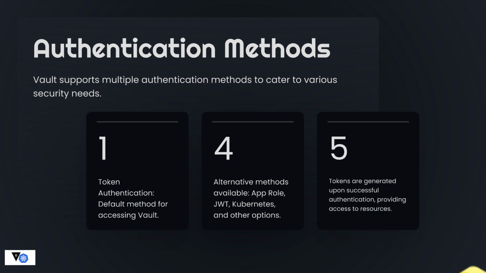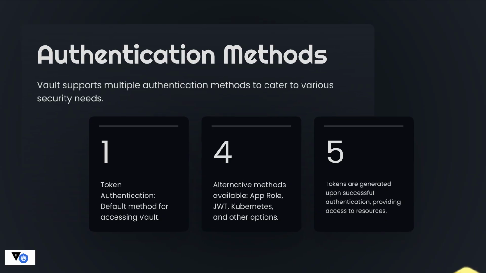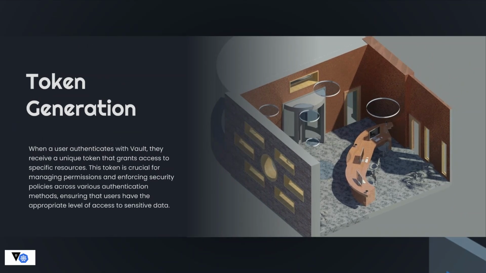No matter which authentication method you use, Vault gives you a token. If you authenticate with AppRole, you will receive a token. With Kubernetes or LDAP or JWT, you will still receive a token. And with that token, you have a set of policies. The policy in Vault allows you to have certain access to resources.